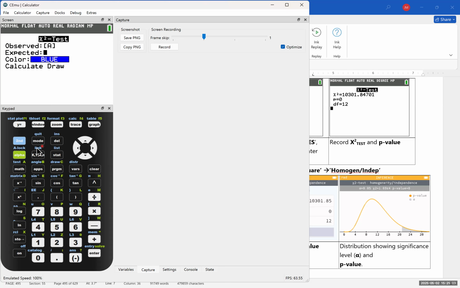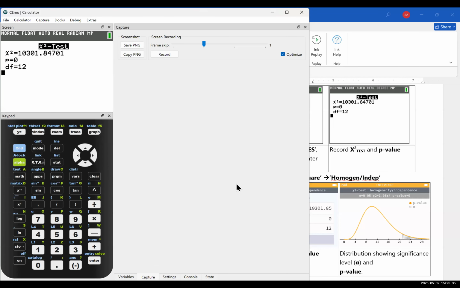However, that would pose a problem because remember, the expected matrix has to have the same dimensions as our observed values matrix. So we would have to set up C the same way to use it. But I'm going to go back to B, and we'll hit calculate. All right, we got a really high test statistic with a p-value of 0, which is really extremely tiny.